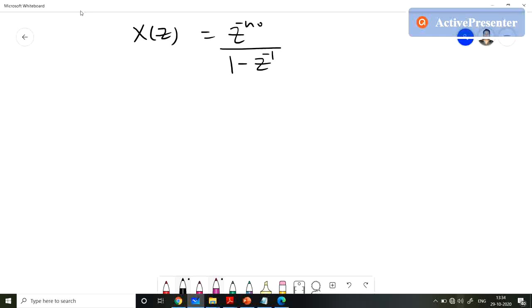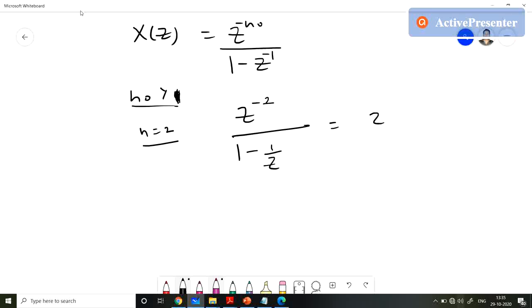Now what is the ROC for that? So the ROC, if we consider n naught greater than 0, for example if n naught is 2, then we are getting z raised to the power minus 2 divided by 1 minus 1 divided by z.